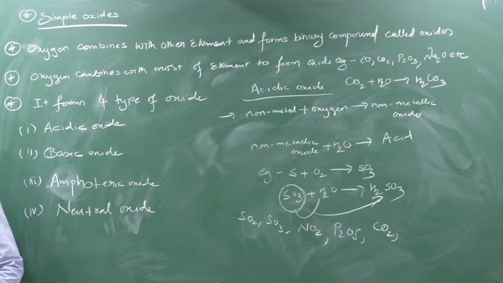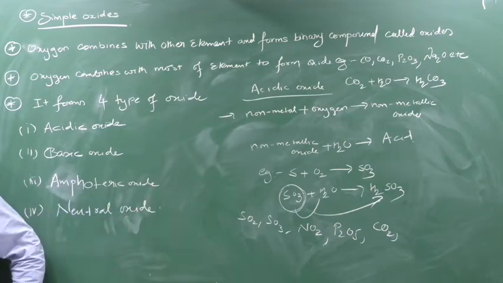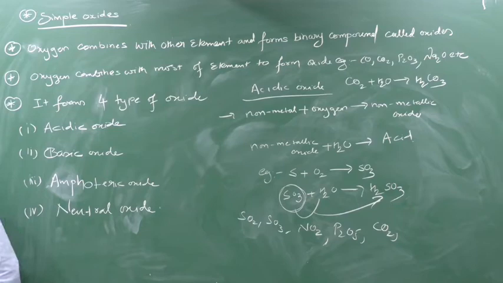Non-metallic oxides are acidic in nature because they form acid when dissolved in water. Example, you can write down SO2, SO3, NO2, P2O5, CO2, etc.